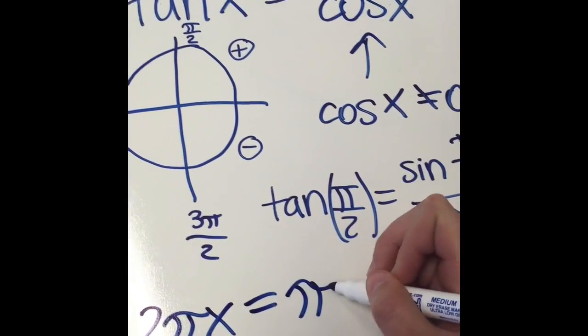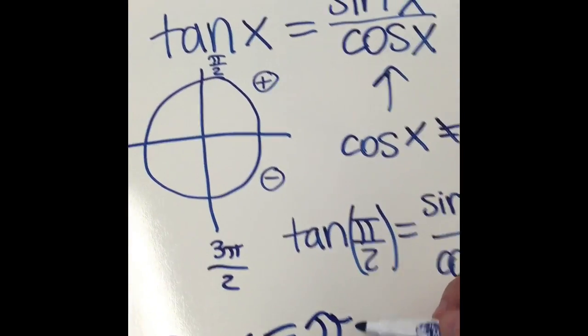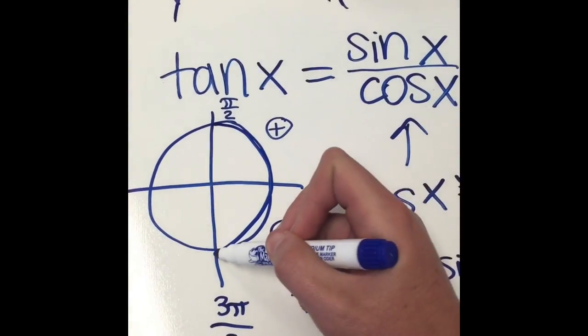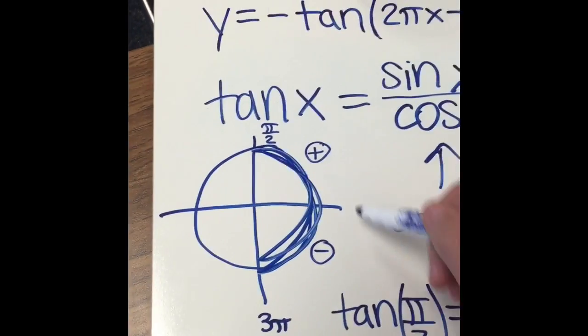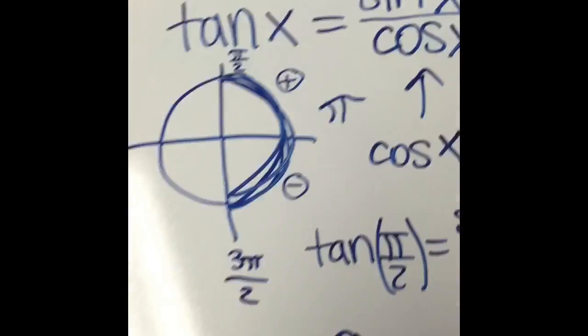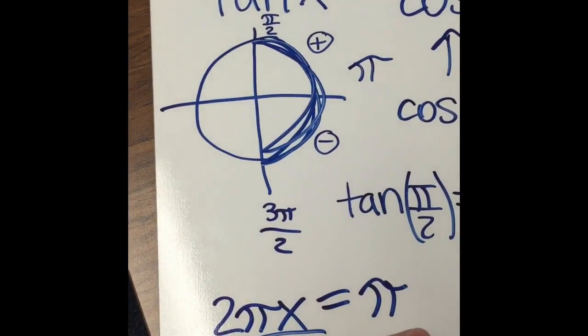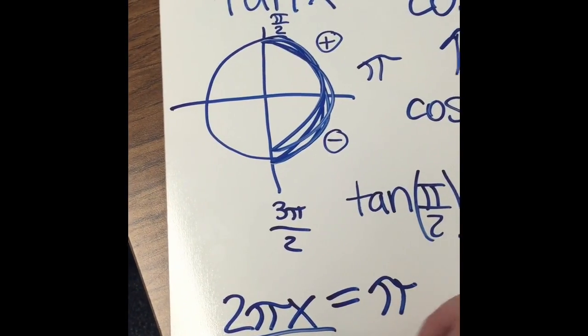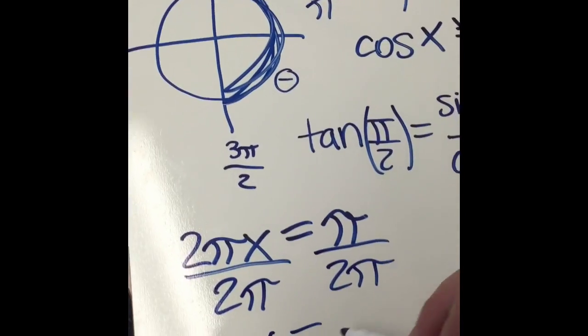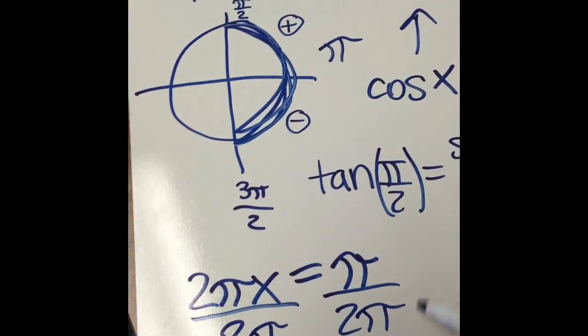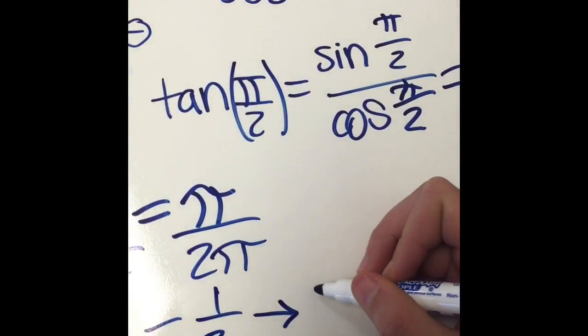So first you're going to want to divide by 2 pi on each side in order to find the new period. And once you do that, you should get 1/2, which is now your new period.